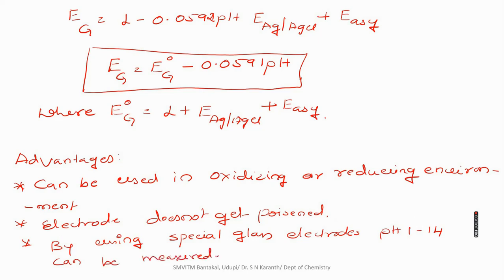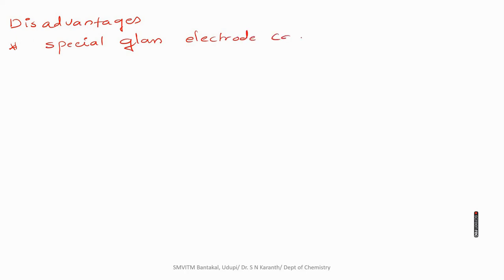Then I'll consider the disadvantages of this electrode. There are a few disadvantages. The main disadvantage I already discussed. It can find a pH up to 14, but to find the pH around 12, we have to use a special glass electrode. A special glass electrode can measure up to pH 12.